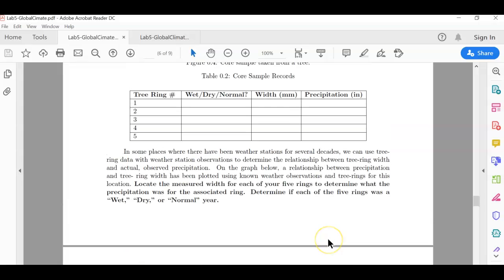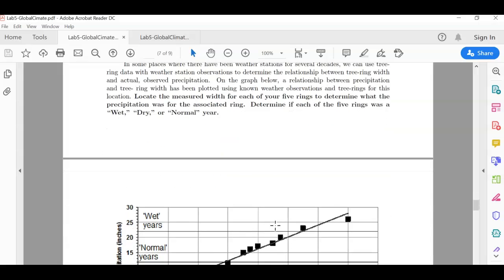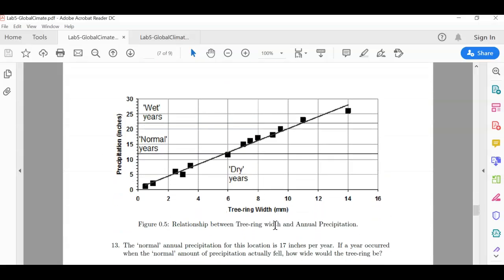So I'll help you with the first one, provided I already told you what the width that I measured was. So I said that the tree ring, number 1, I measured the width to be 16 millimeters, right? So based on this graph, we would say, okay, tree ring width is here on the x-axis, and precipitation is on the y-axis. All I know is that my tree ring width was about 16 millimeters.